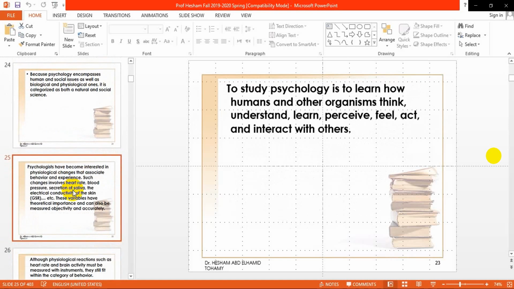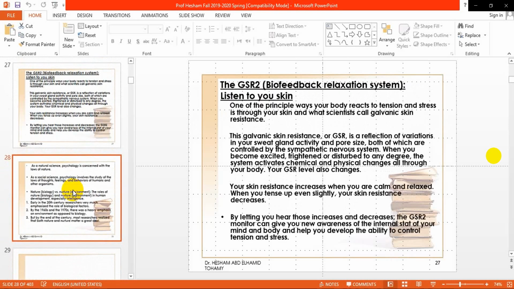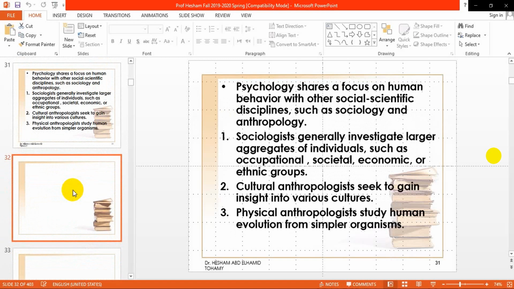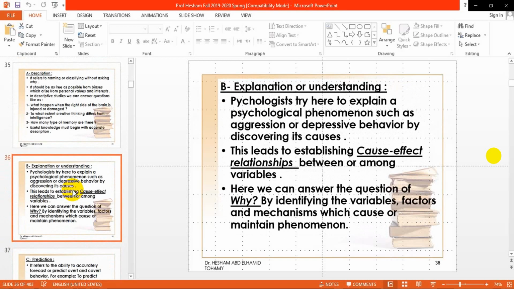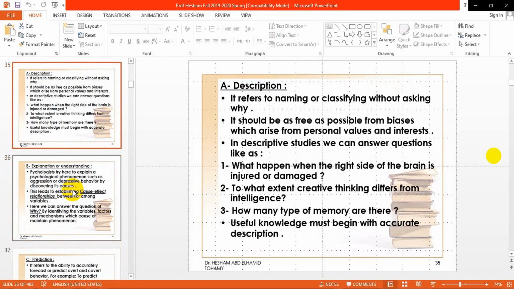Description means naming or classifying without asking why. It should be without asking why. So we cannot answer the question of why.